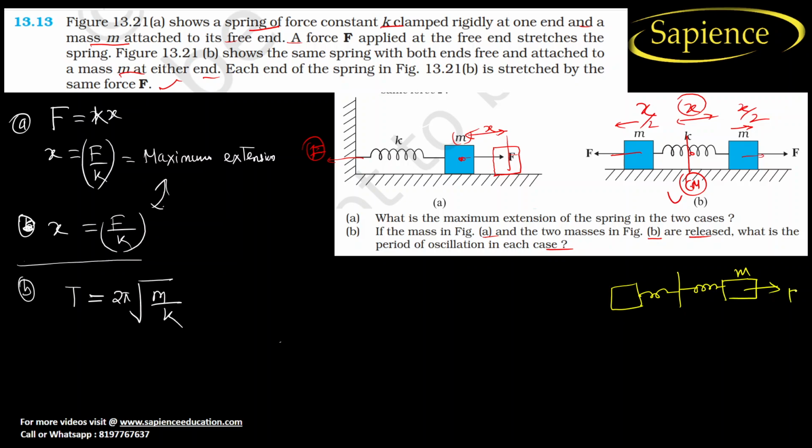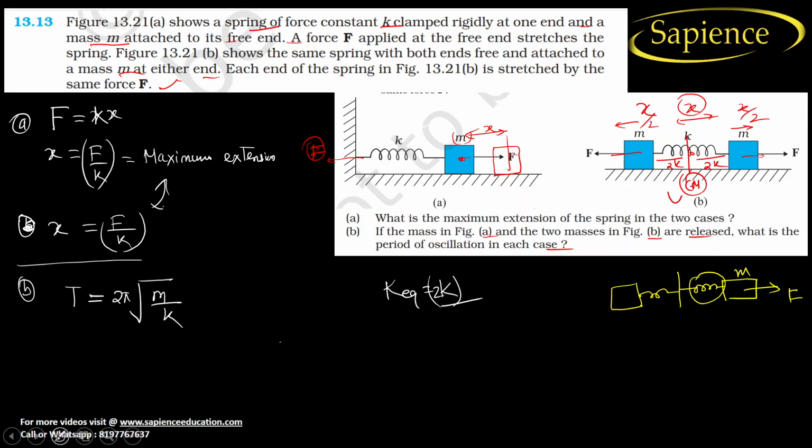This is mass M, and the spring constant will definitely change since the two halves are in series. Each half of the spring will have a spring constant of 2K.